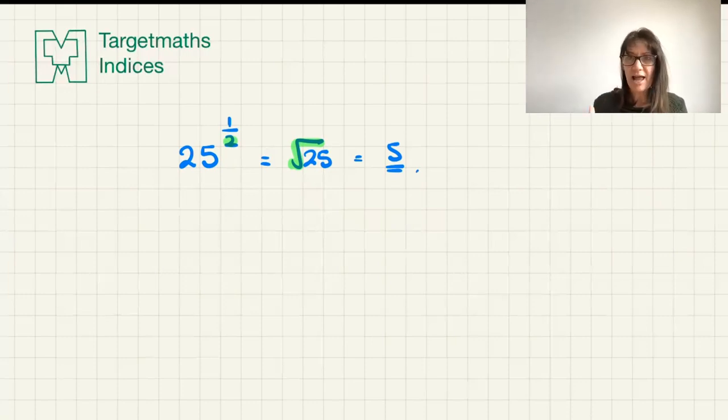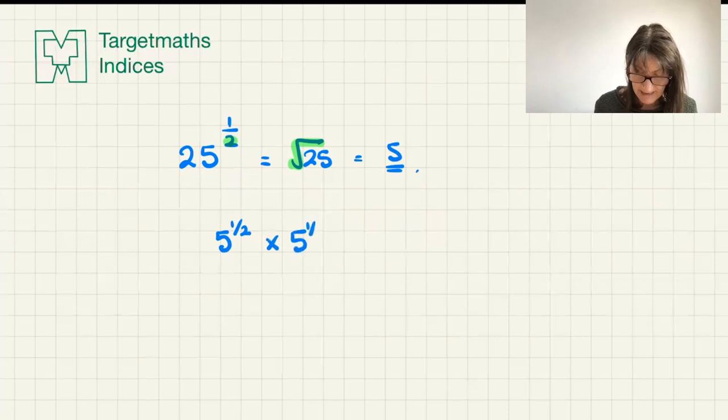But I'd like to try and explain why. I think if you've got some understanding behind why, sometimes it makes it a bit easier to remember it long term. So I'm going to try and do this as best I can. I'm going to give us a different number, so it's just not quite as big. So let's take 5. If I raise 5 to the power half and I times it by 5 to the power half, and I use my times rule, which is add the powers, then I would end up with 5 to the 1.